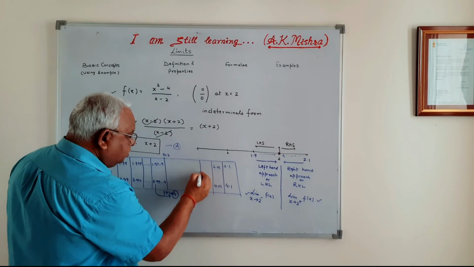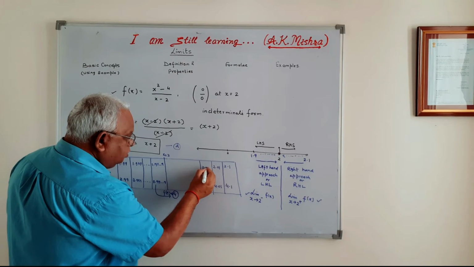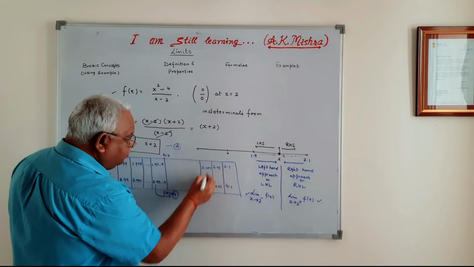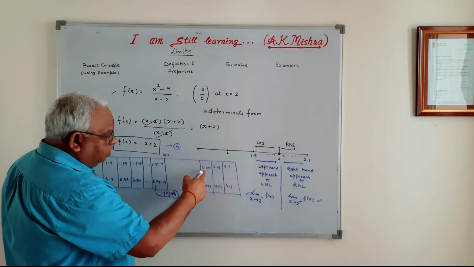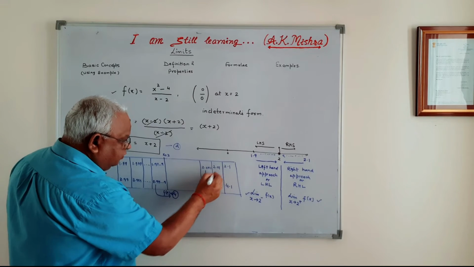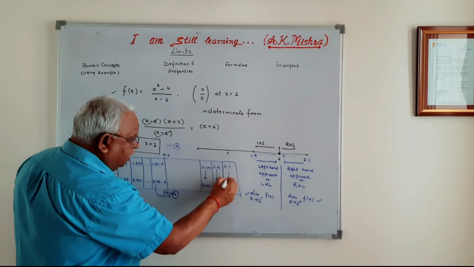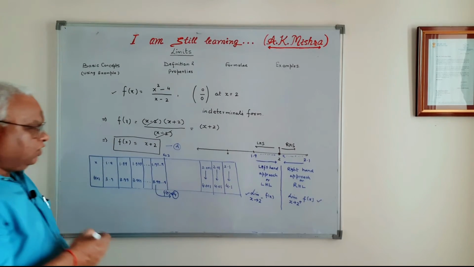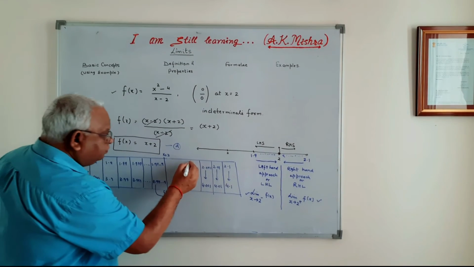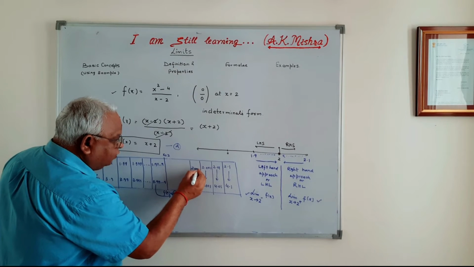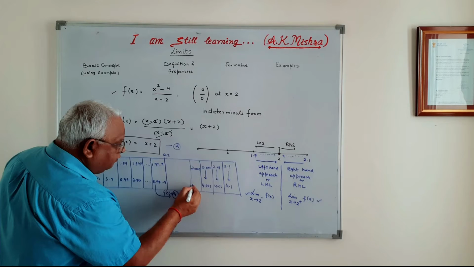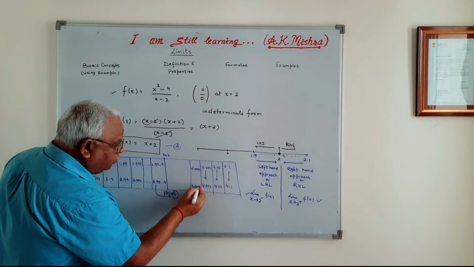I hope you are observing what is happening when you take all these values of x and the corresponding change. 2.0001 will become 4.0001.